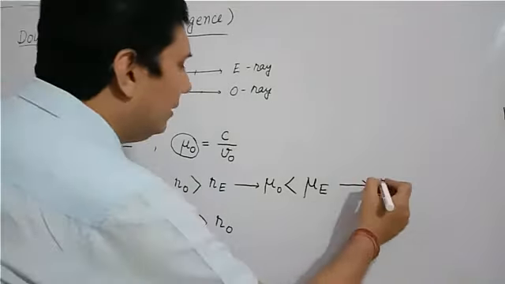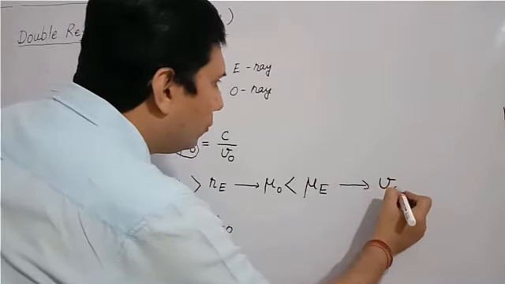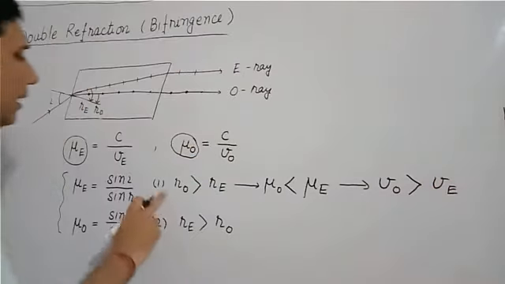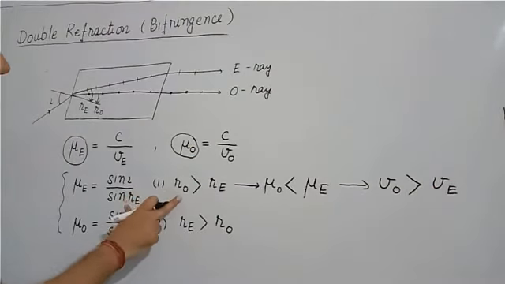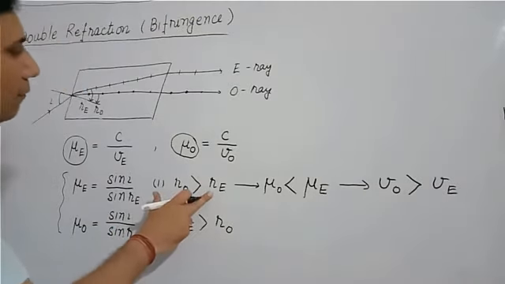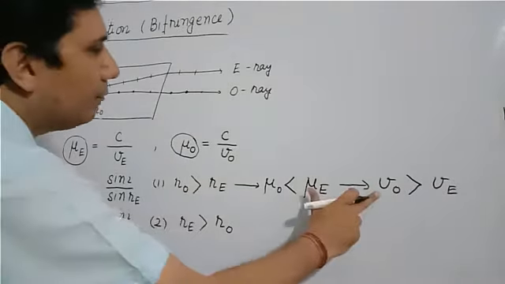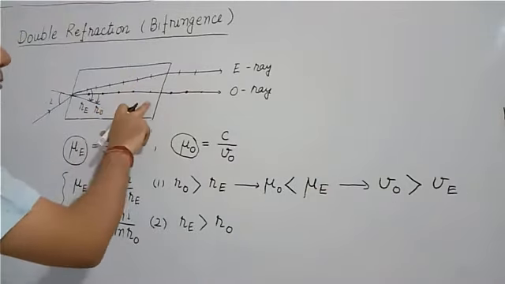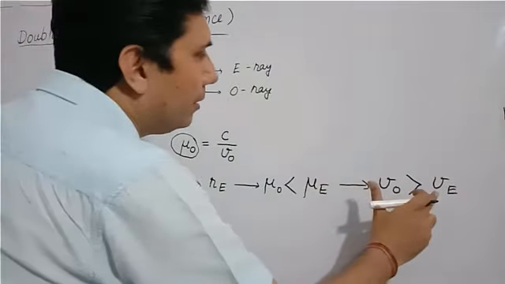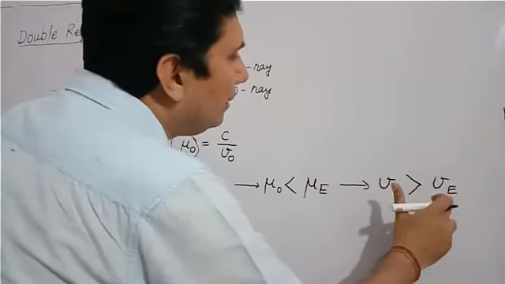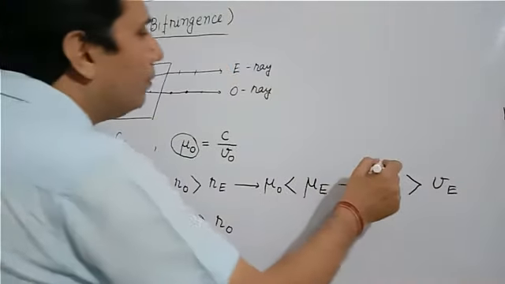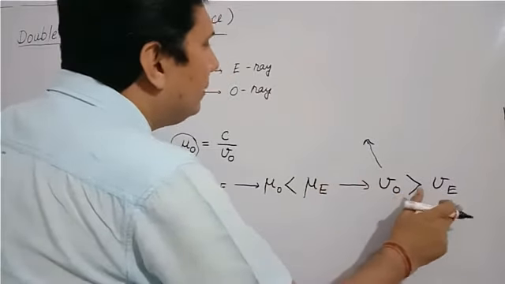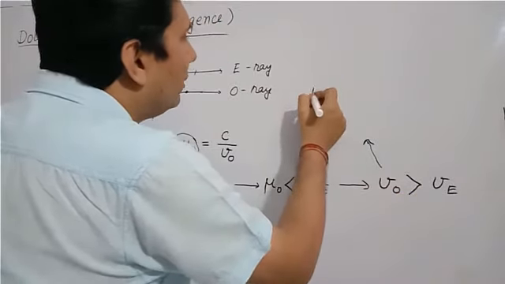So correspondingly, VO will be greater than VE. So if the angle of refraction for O ray is greater as compared to the angle of refraction for E ray, then the velocity of ordinary ray in the doubly refracting medium will be greater as compared to the speed of E ray in the doubly refracting medium. This type of crystals in which VO is greater than VE are known as positive crystals.